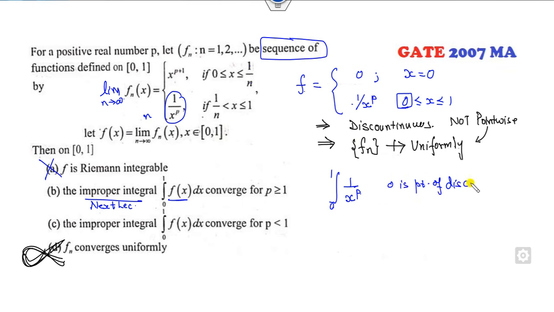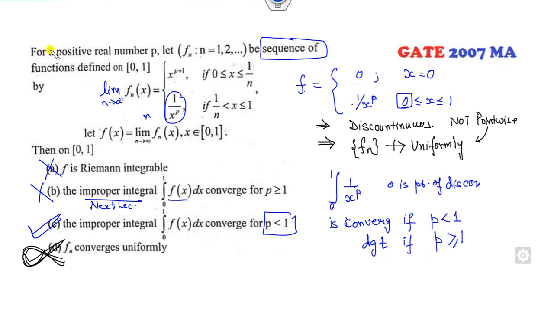This integral is convergent if p is less than 1 and divergent if p is greater than or equal to 1. So whenever p is less than 1, it is convergent. So this option is also cancelled. C is the right answer. I will explain the improper integral after this lecture, bounded variation and then improper integral.